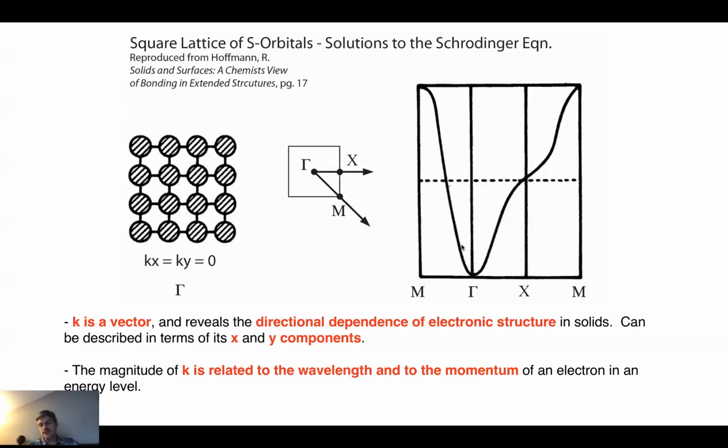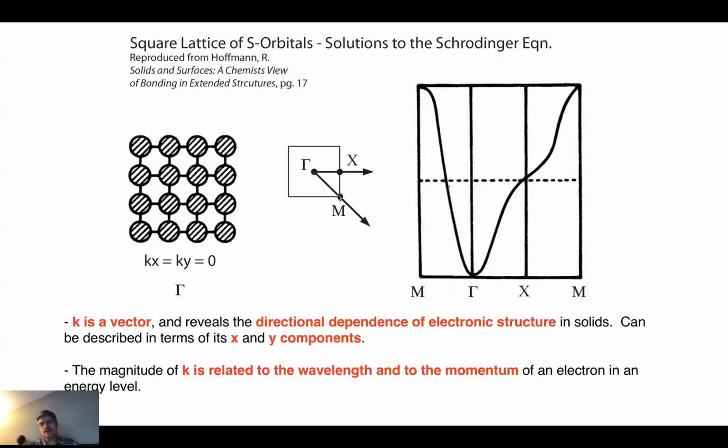This is an energy versus momentum diagram that's now plotted in multiple directions. So here, there are various points in this multidimensional space that are plotted. So there's the gamma point here. This is the all bonding combination. This is the gamma point in this two-dimensional space.